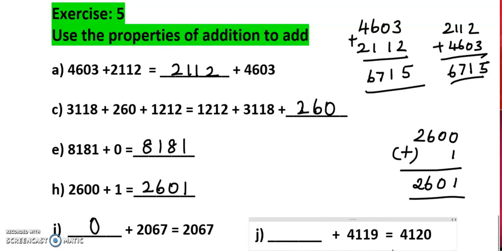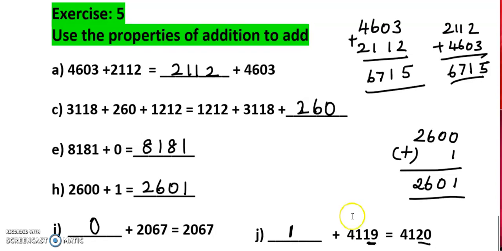Successor means what you have to do? You have to add 1 to the number. If you add 1 to the number, you will get the successor of the number. See here 19 is there. If you add 1 to the number, you will get 20. So they have given the successor of this number.